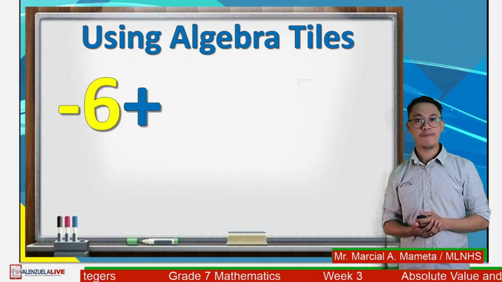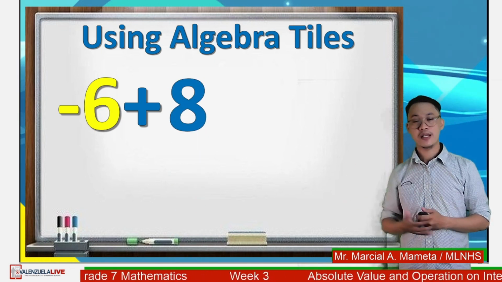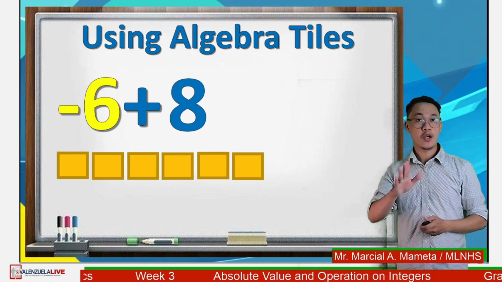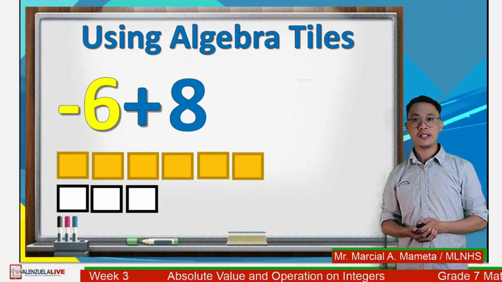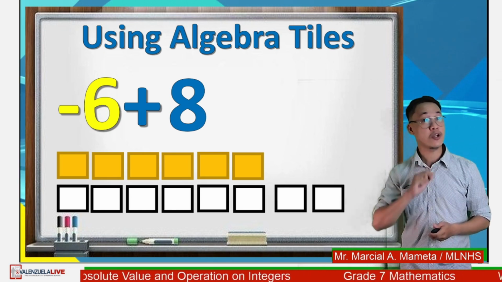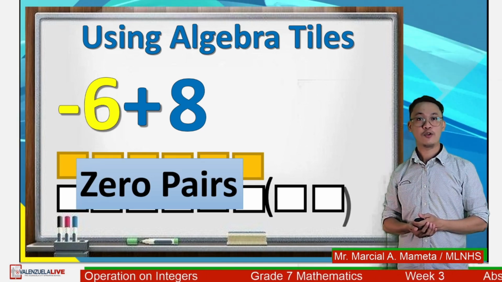How about this one? Negative 6 plus 8. So negative 6, we have 6 yellow tiles plus 8 white tiles. Again, we have our 0 pairs. How many remain? 2 white tiles.